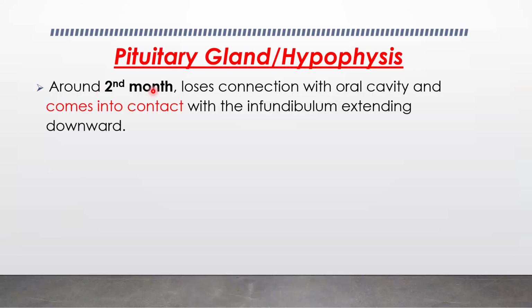So around the 2nd month, the Rathke's pouch will lose connection with the oral cavity or the stomodium and come into contact with the infundibulum, which is extending downwards. So contact.